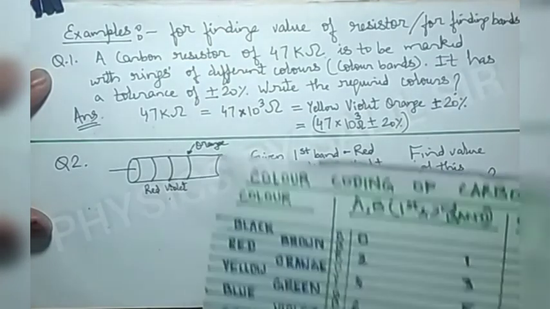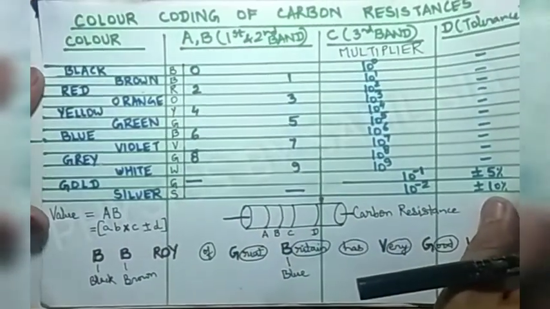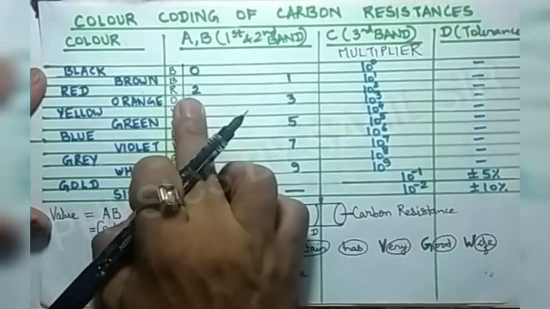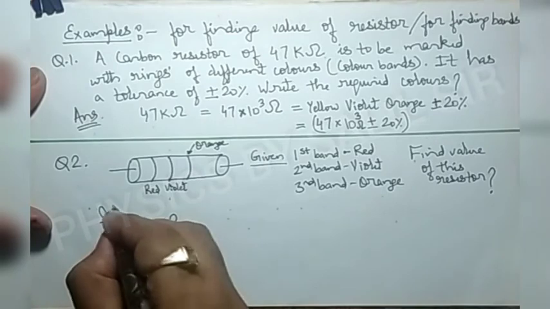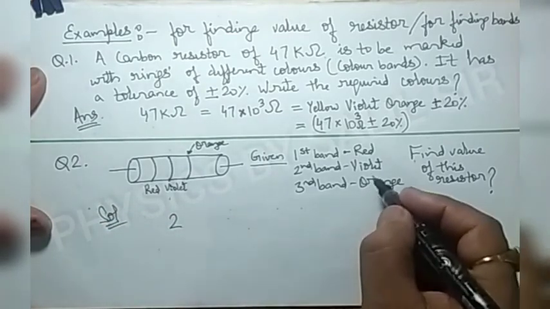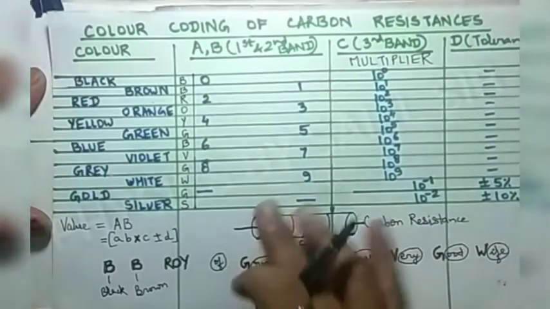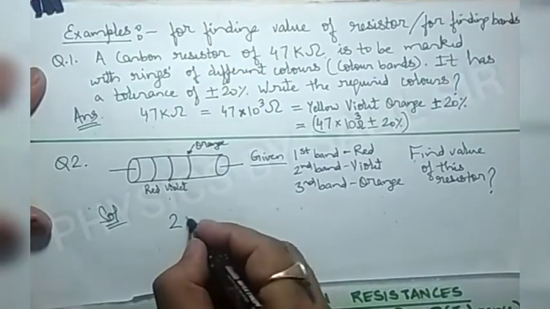Again, after observing this table, the first band is red, so we have to see red color. For red color, the number is 2, so we will write 2. 2 is for the first band. Next, violet. See the violet in the table. Violet is 7, so it will be 7.